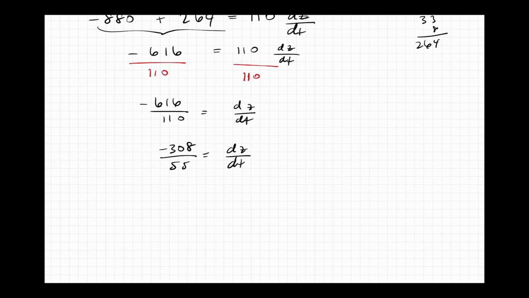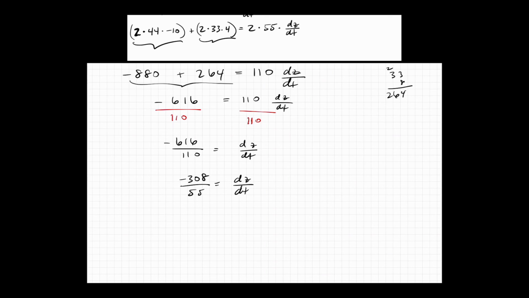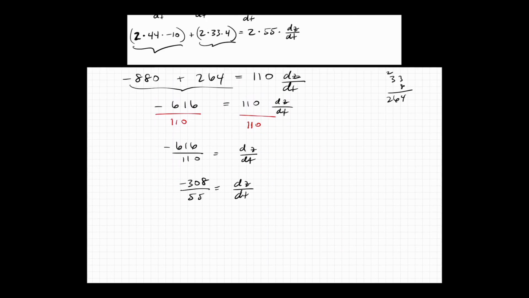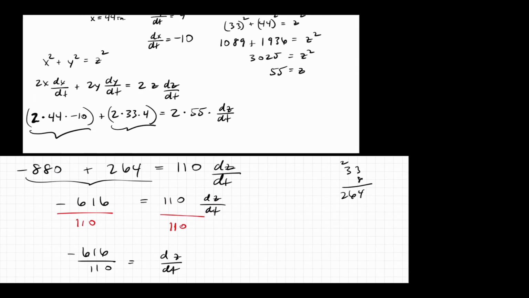I don't think it is, but if you get there, I'm good. If you give me negative 616 over 110, I may take off maybe half a point, nothing crazy, for not reducing. I'm more concerned about everything before that. If not reducing is the only thing you don't do, I probably wouldn't take off any points, because that's not a calculus mistake. That's just a reducing mistake.